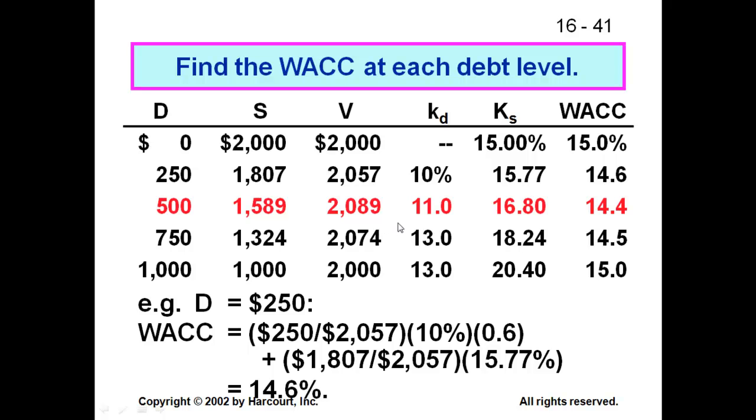Obviously, as you are taking on more and more debt and the number of shares goes down, that will make the EPS go up, but the riskiness of those earnings becomes high, so the value of the firm might not go up. Okay, so now in case you were wondering where did WACC go, here it is.